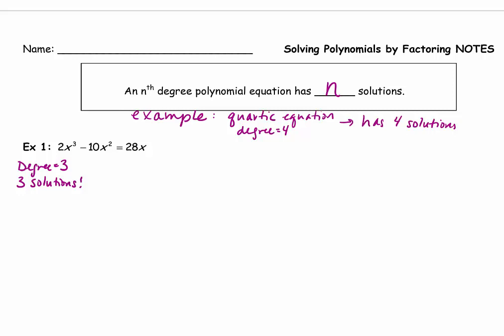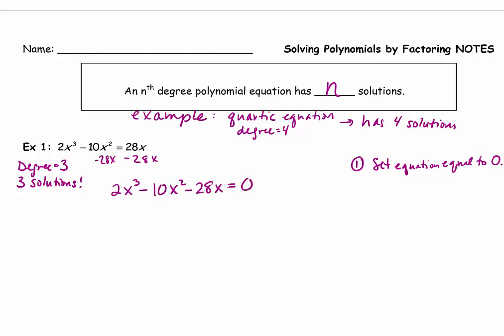The first thing that we want to do is to set the equation equal to 0. So to do that, I'm going to subtract 28x from both sides. Now that became 2x cubed minus 10x squared minus 28x equals 0.